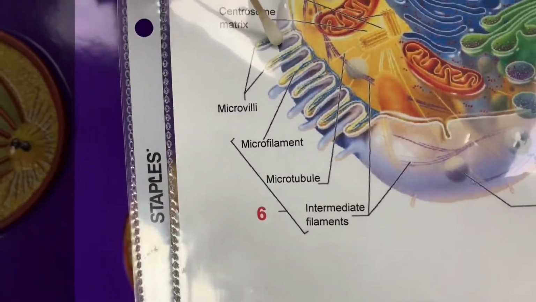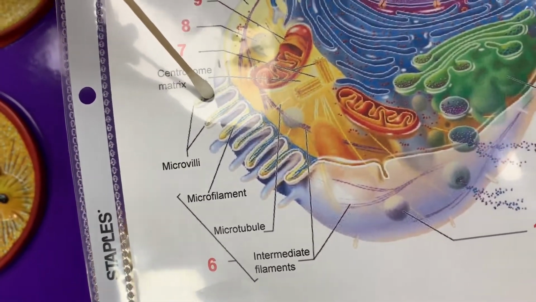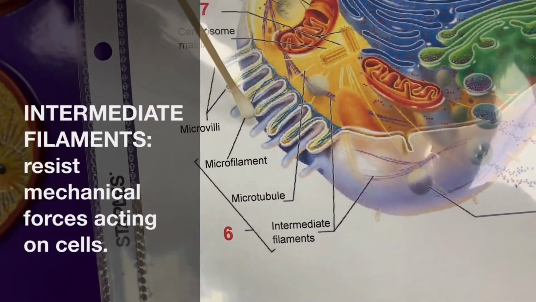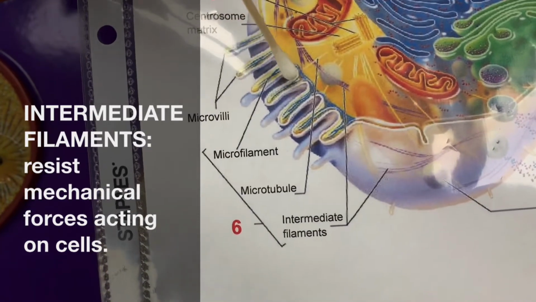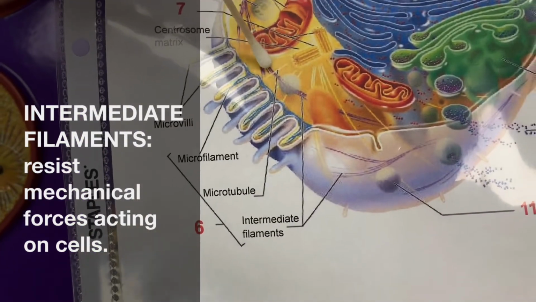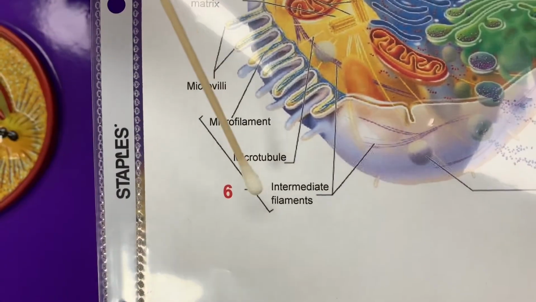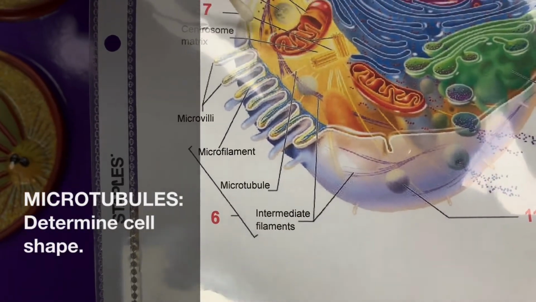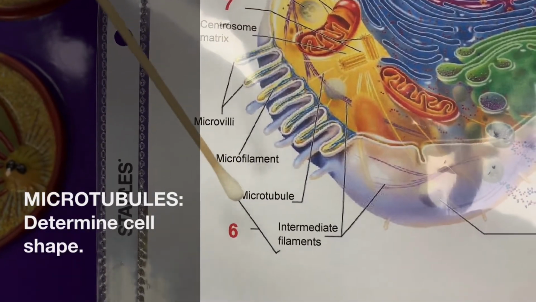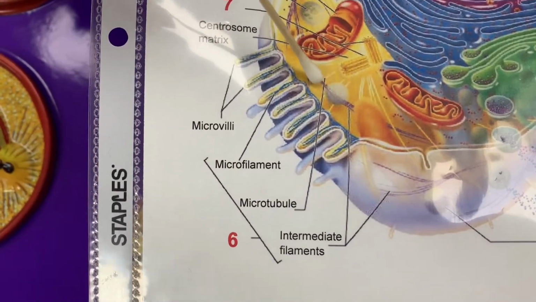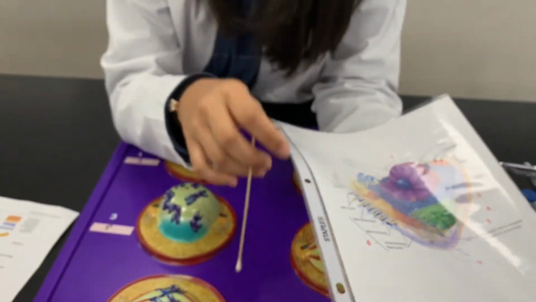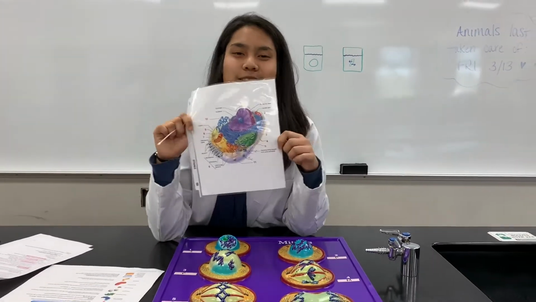Your intermediate filaments help resist any type of pressure or force acting on the cell. And your microtubules are kind of like the skeleton. They hold up the shape of the cell. Here, the thin yellow skeleton of the cell. And that's all for your cell organelles.